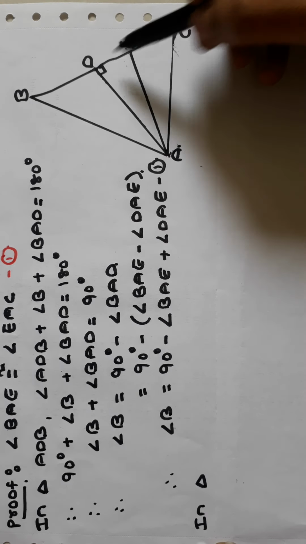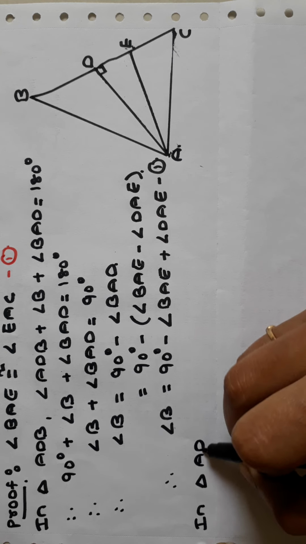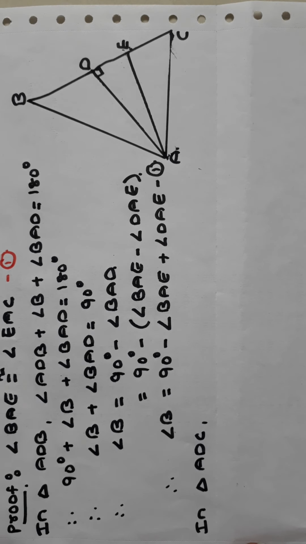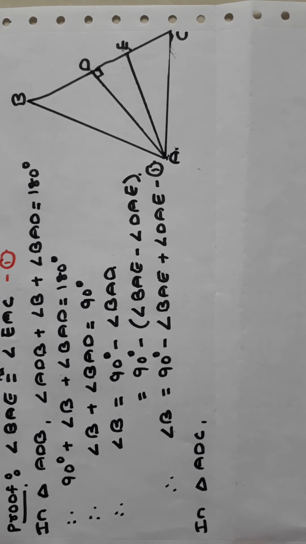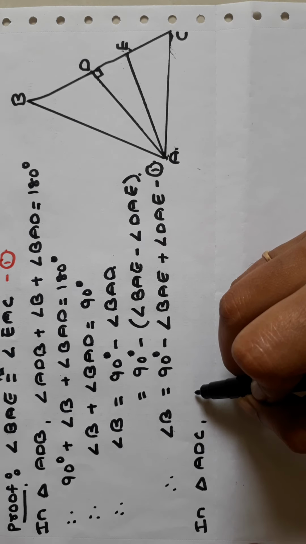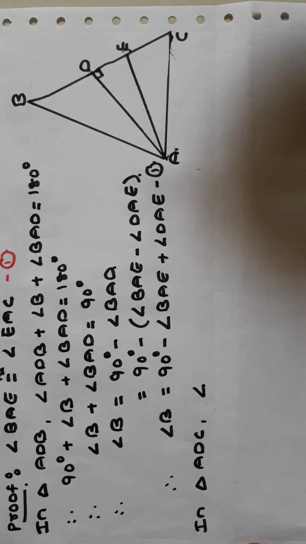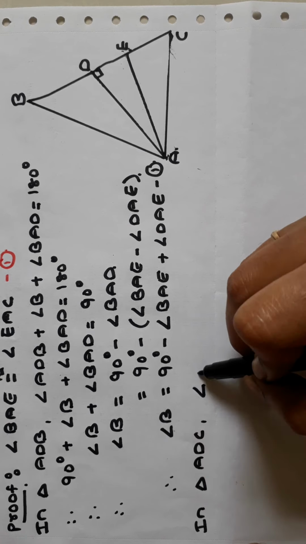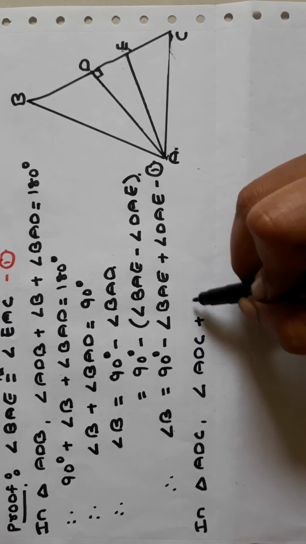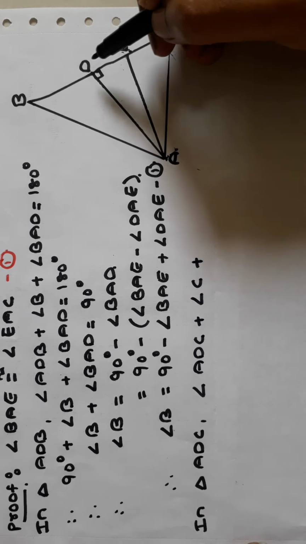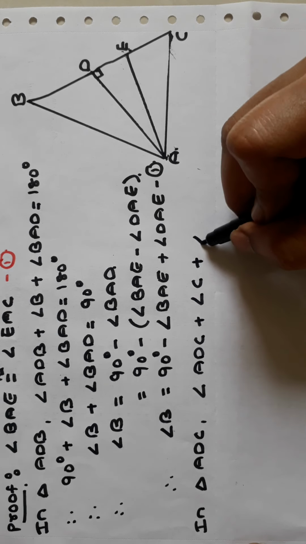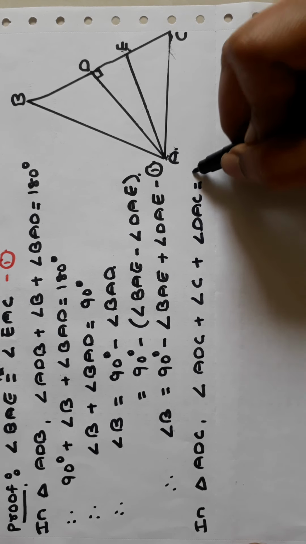Now similarly, take triangle ADC. Same property, sum of measures of angles of triangle ADC is 180 degrees. Angle ADC plus angle C plus angle DAC is 180 degrees.